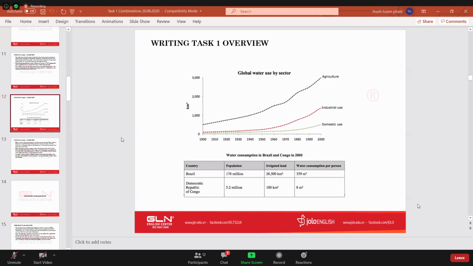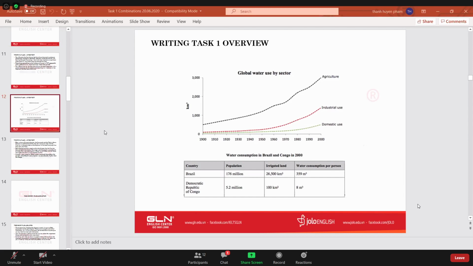Well, if we look at the line graph, we can see that all three lines over the complete period of time, so that's 1900 to the year 2000, have increased. They may have increased at a different rate of increase, but they have all definitely increased. Therefore, that gives you the clue for your overview.